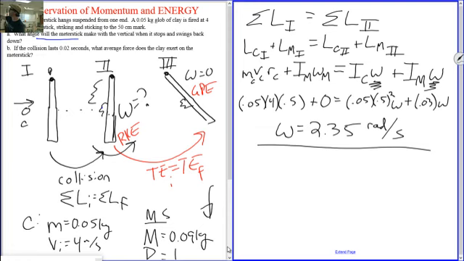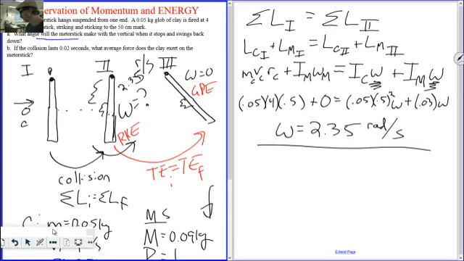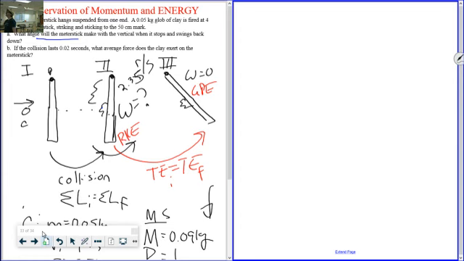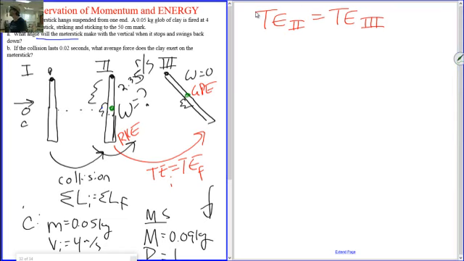All right, so let's write that down. 2.35 radians per second. Now what we've got to do is go back to conservation of energy from the beginning of this unit. I know that the total energy in drawing number 2 is equal to the total energy in drawing number 3. So I'm going to call the height of the center of mass a height of 0.